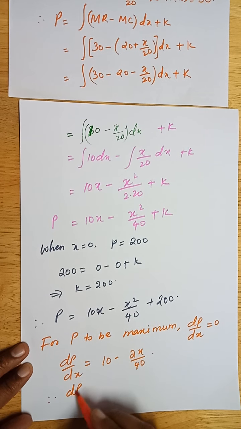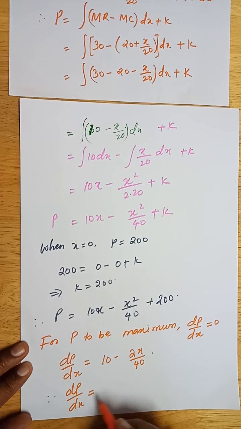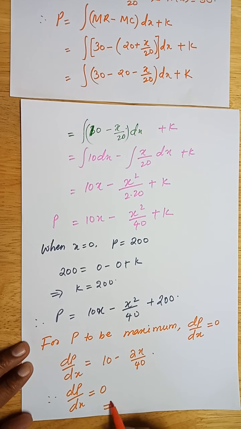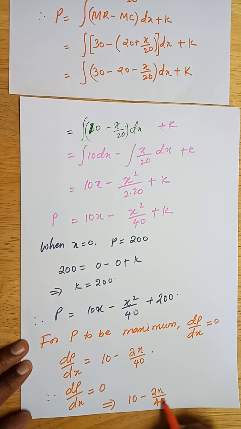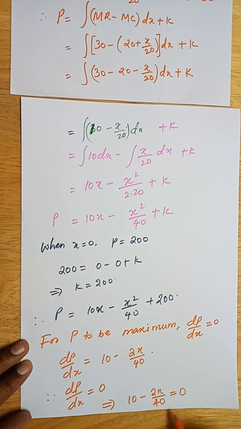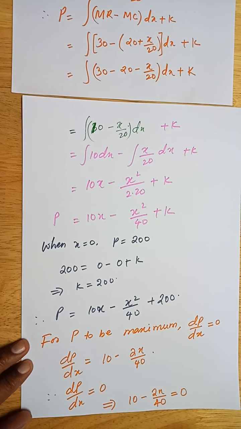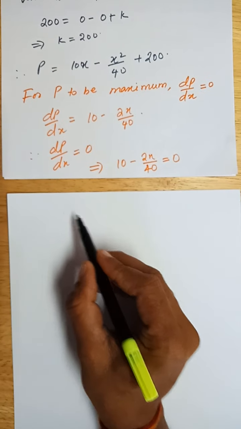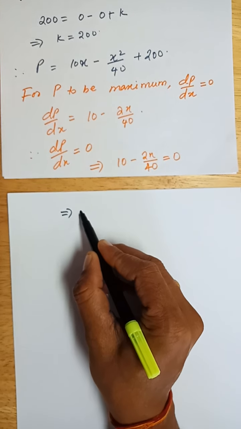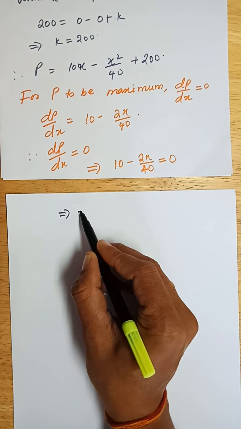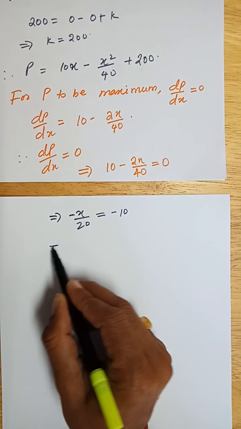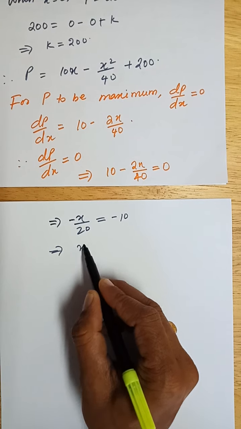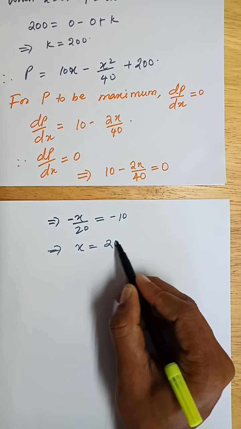Therefore dP by dx is equal to 0, which implies that 10 minus 2x divided by 40 is equal to 0. From here you need to find the value of x. So this is going to become minus x by 20 is equal to minus 10, which implies that x is equal to 200 if you multiply.